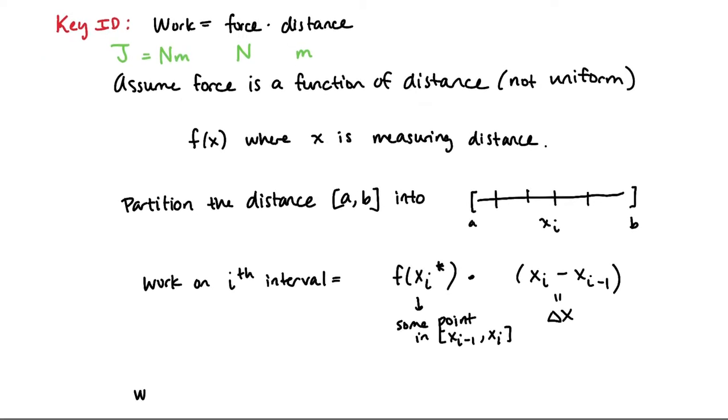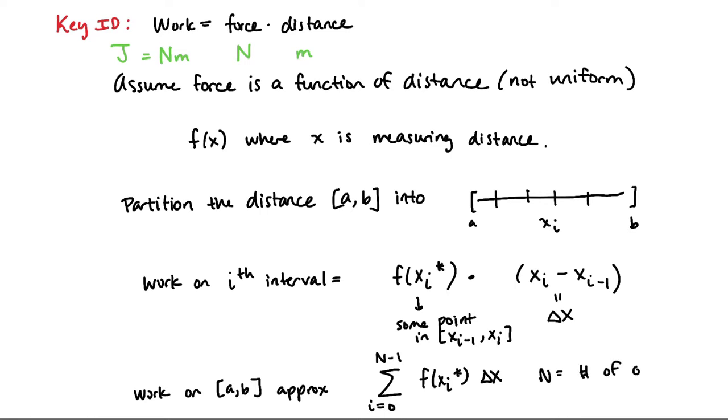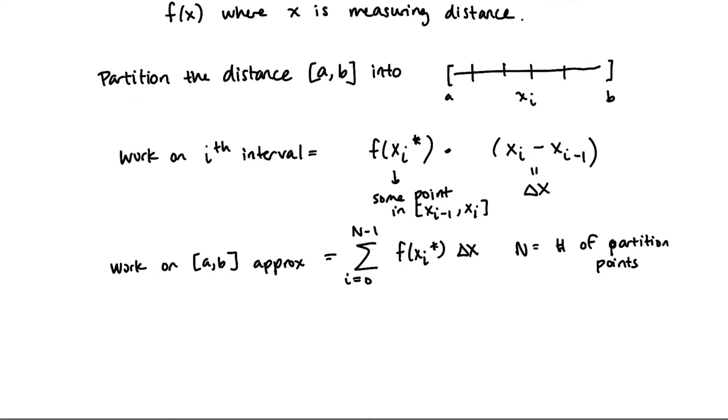If we want to find the approximate work from A to B, it would be adding up from 0 to n minus 1, where n is the number of partition points. And to find the exact work, we're going to do the same thing we've done before.